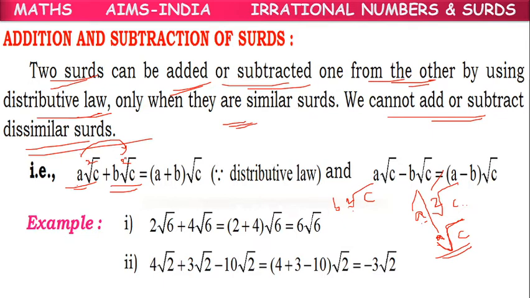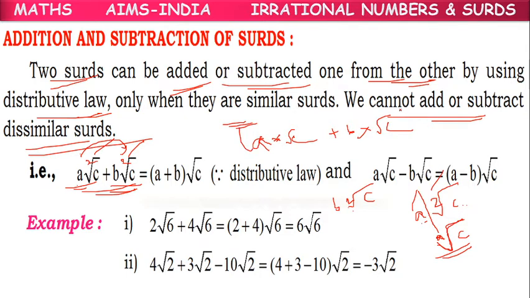They are similar surds, so we can add them. In these two terms, root c is common. It is in the form a into root c plus b into root c.